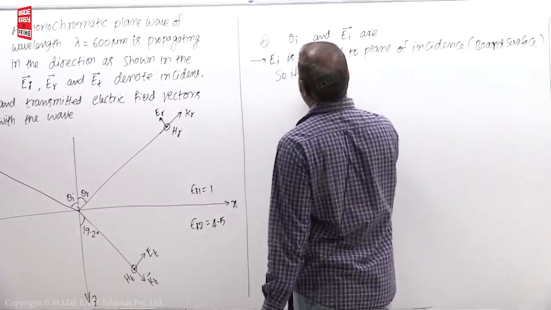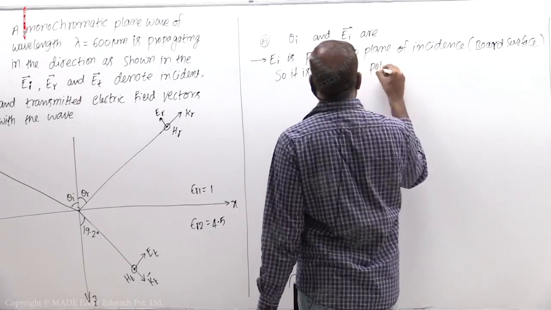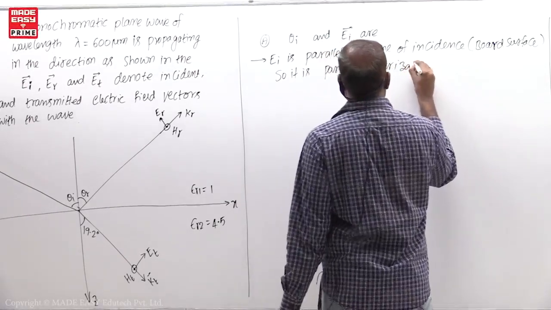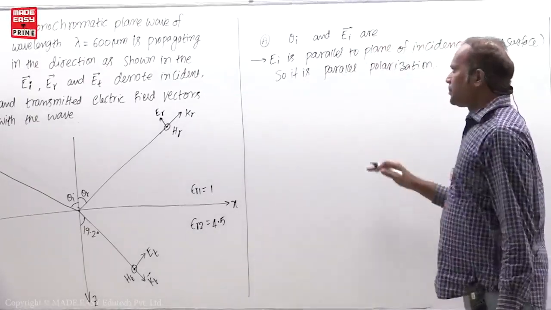So it is parallel polarization. That means you have to use reflection coefficient formulas for parallel polarization.